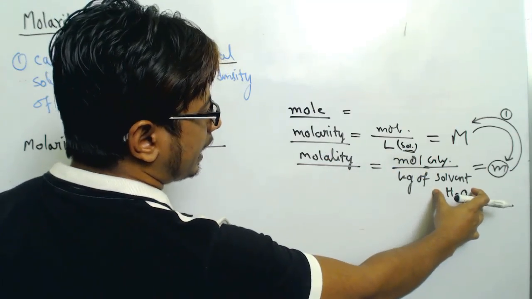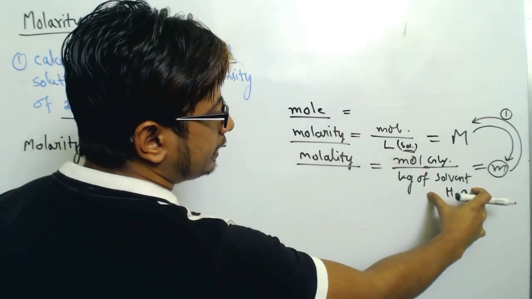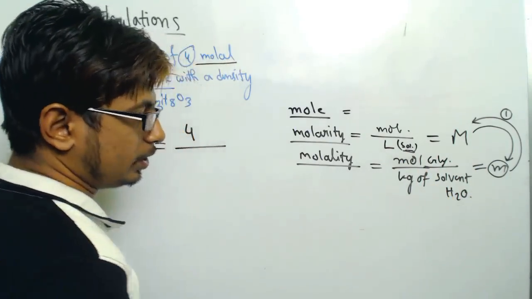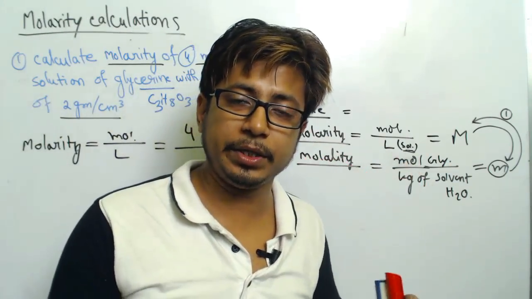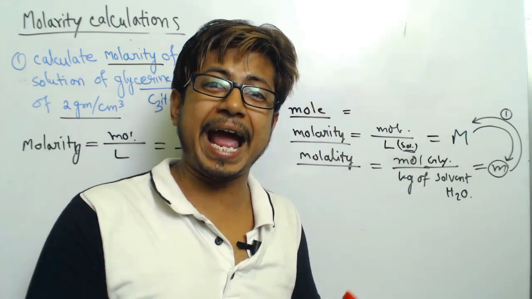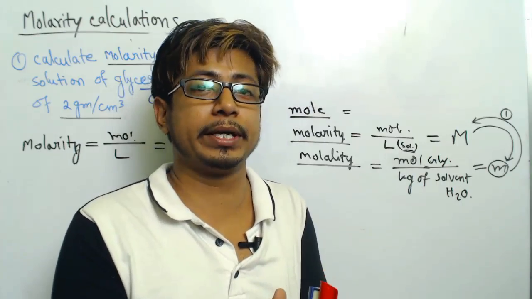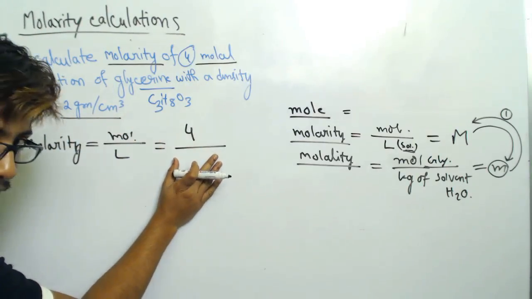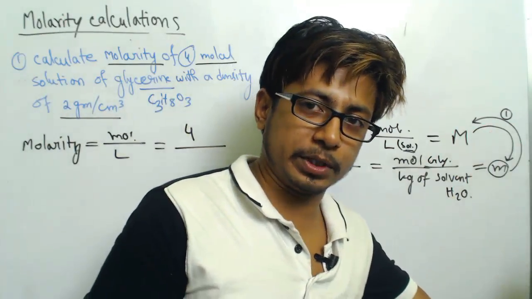In this case, the 4 molal glycerine contains only the kilogram of water in it. So we need to calculate the volume of water which is present, and then also know the volume of glycerin, and add them together to find the actual volume of the solution. Remember that this is the biggest difficulty of this question.